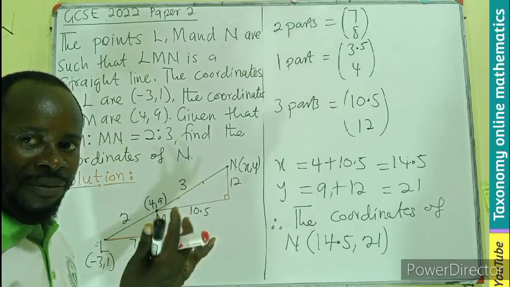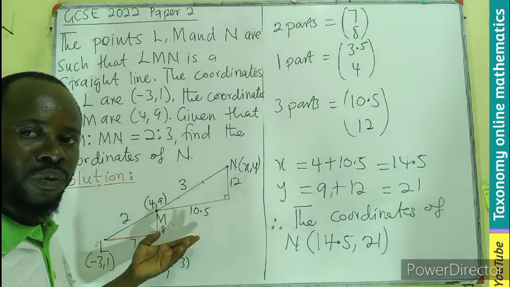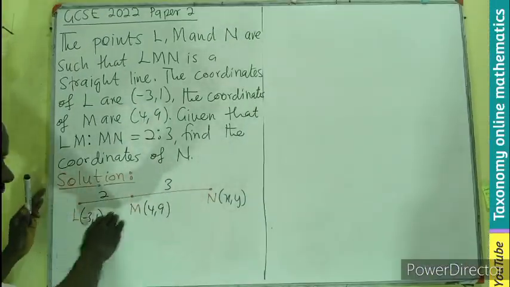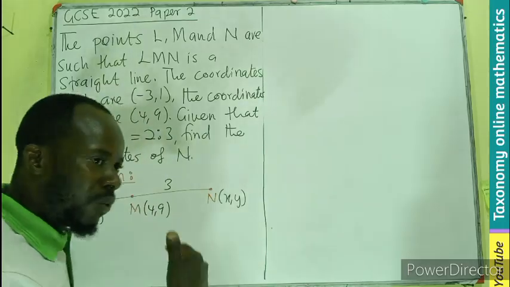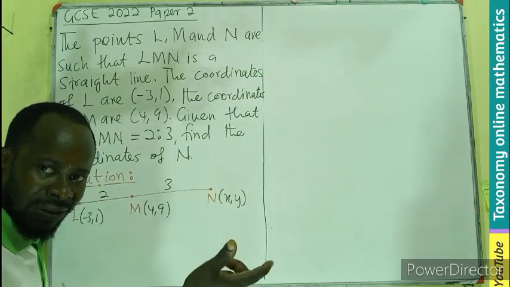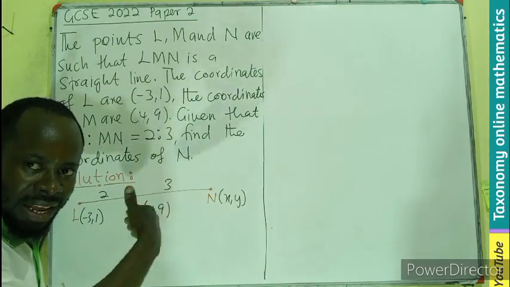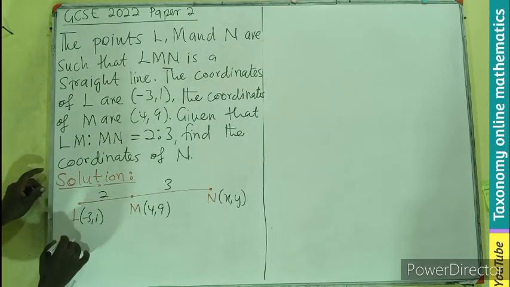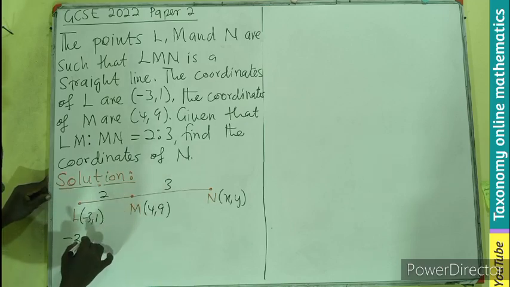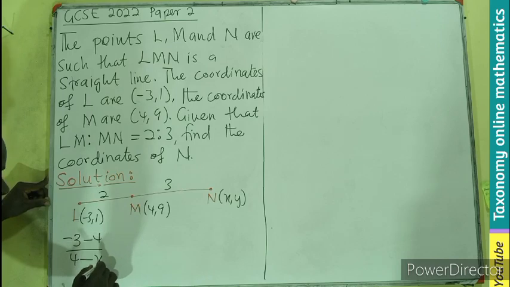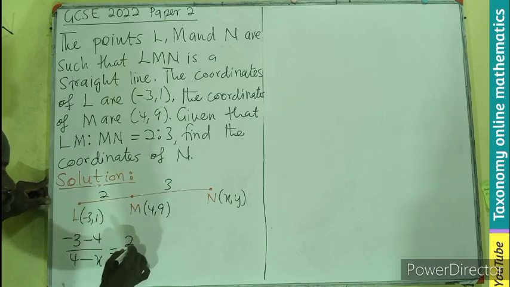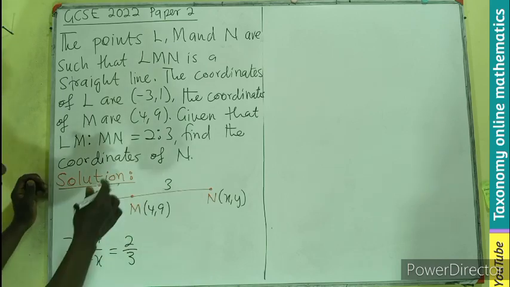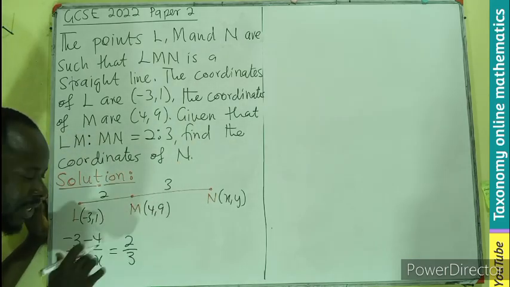Now, for the next method, we pick the formula version. In my previous episode, I treated the formulas that we can use to find internal division of a line. For the second method, we take the straight line the same way. We find the ratio of the x-axis components equal to 2 to 3: (4 minus -3) over (x minus 4) equals 2:3, internal division.